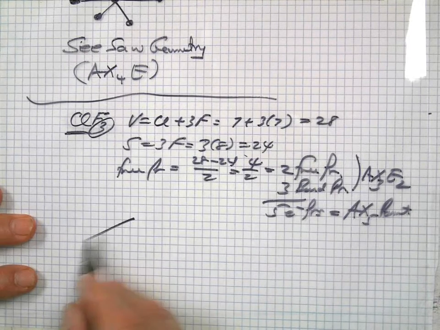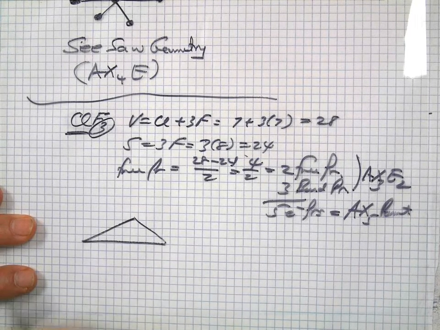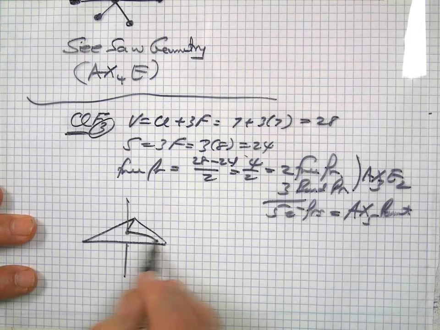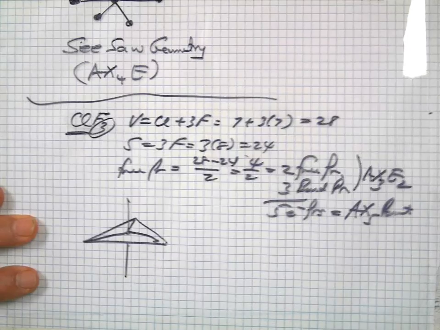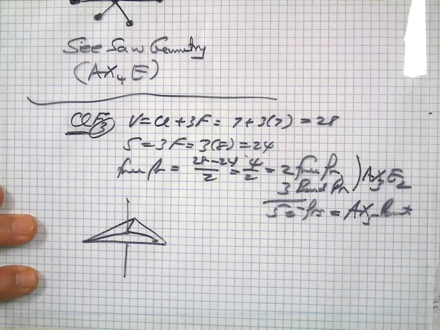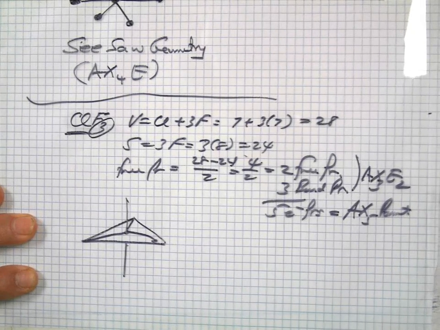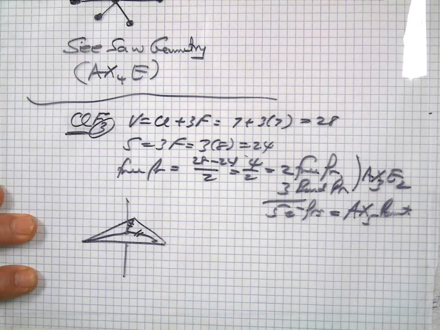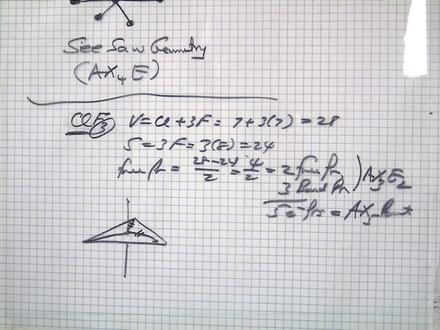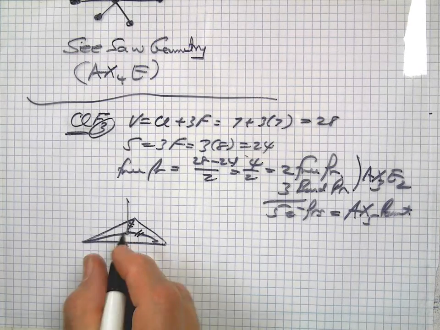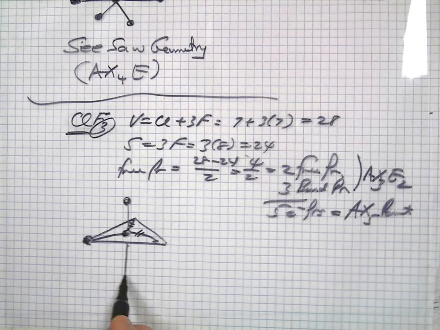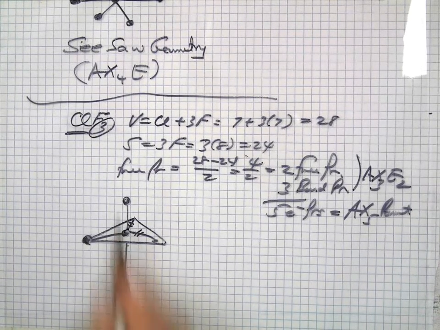And again, we draw our lazy triangle, put a dot in the middle and go straight up, straight down, bar, bar, and a bar, like that. Now, the free pairs enter into the triangle in the AX5 parent. So I'm going to put a pair there and a pair back there. What you're left with is a central element attached to 3 substrates in what we call a T arrangement.